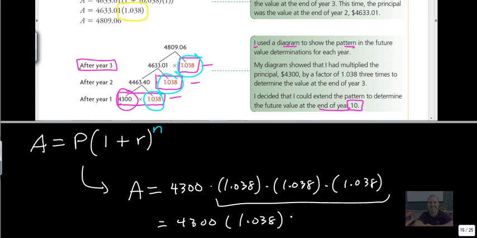Just the value itself to the power of 10. Okay? So that is the development of the formula. You can go over this again if you need to. But right here, this is the compound interest formula when the interest rate and the compounding periods are yearly.